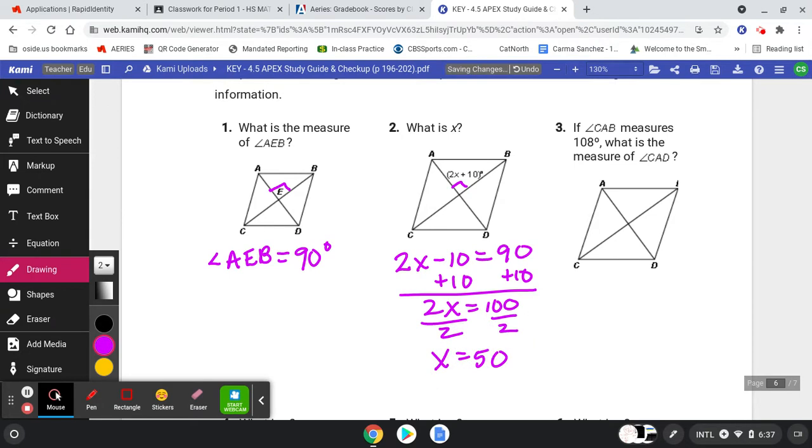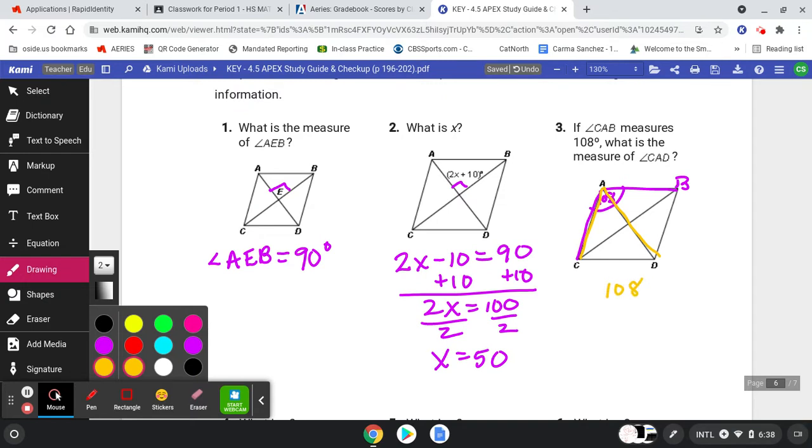If the measure of angle CAB, I think this is a B over here, sorry guys, is 108. So if the whole thing is 108, what is the measure of CAD? And remember that this diagonal bisects that interior angle. So that 108 is going to get divided by 2.